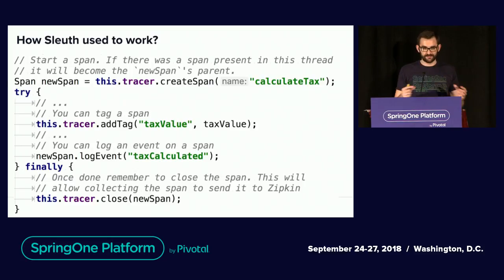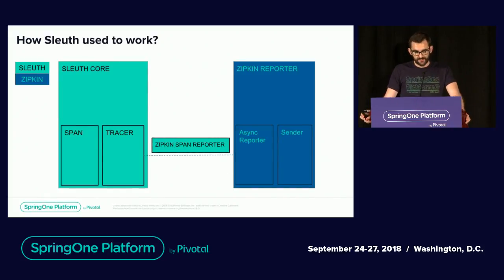So it's put already in the thread local, and we had this bizarre API where you could add a tag via the tracer, but you were adding an event on the span, right? So that's kind of bizarre. And once you're done, if you wanted to send the span out to Zipkin, you needed to close it via the tracer.